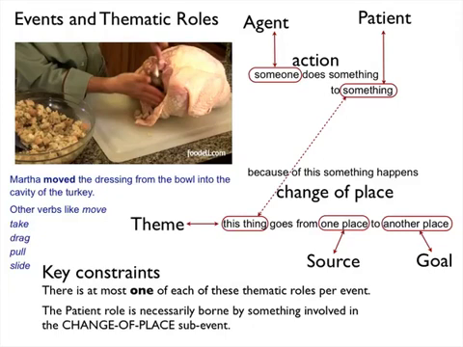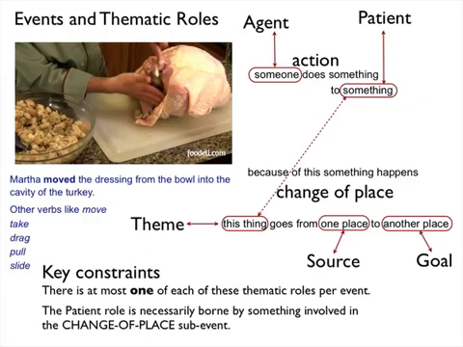The patient role is necessarily borne by something that's involved in a change of place sub-event. If it's a caused change of place, then one of the items, and this is interesting, doesn't have to be the thing that undergoes the movement. It can be other things in the scenario, but one of them gets to be patient.